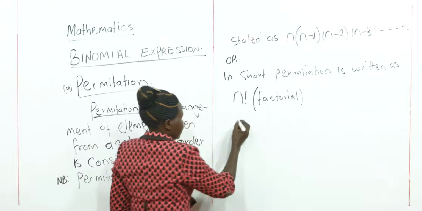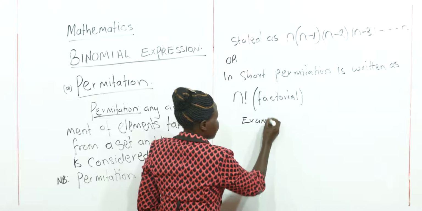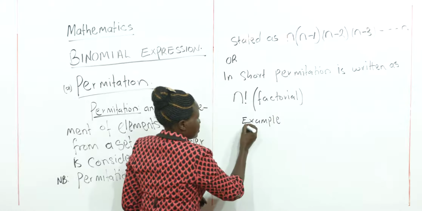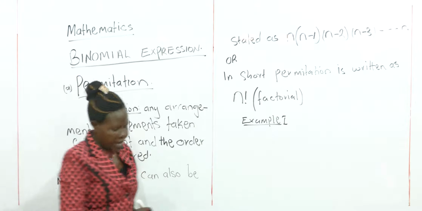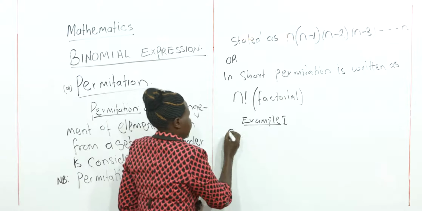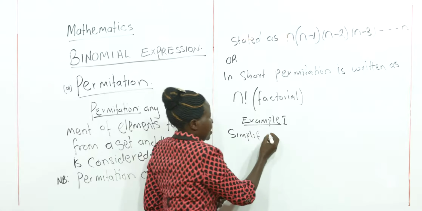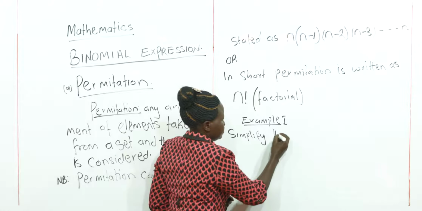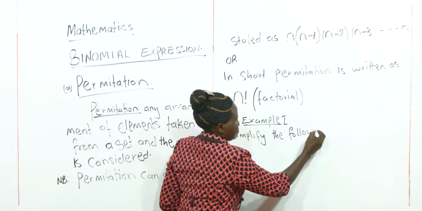So let us look at the example. How do we use this factorial? Example 1, they will simply ask you: simplify the following.